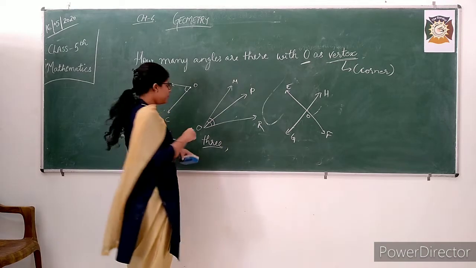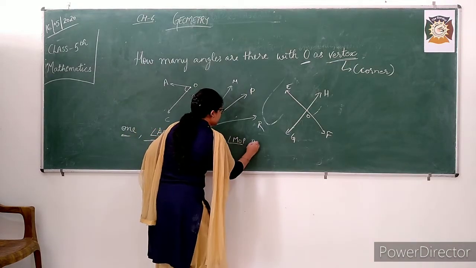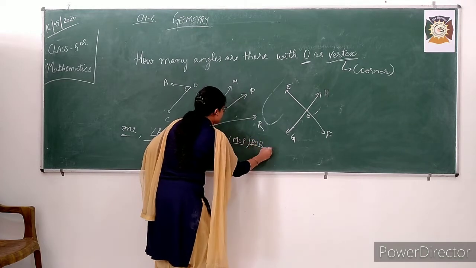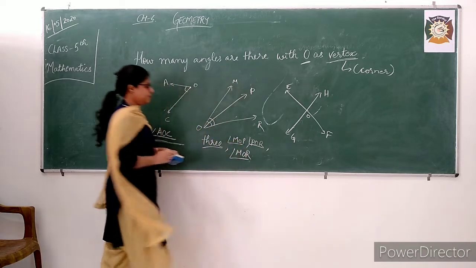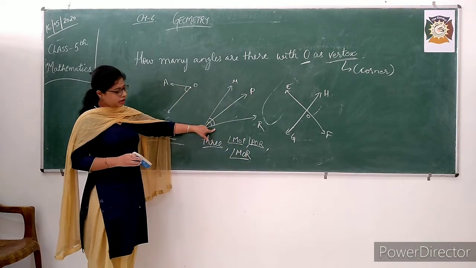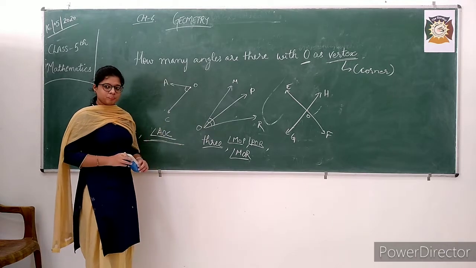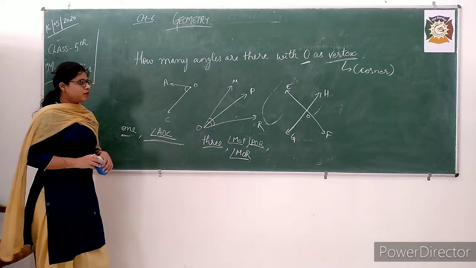Now let us name them. First is angle MOP, next is angle POR, and the third is MOR. These are two small angles and one complete angle. Please note it down carefully. You can do similar examples on your own also.